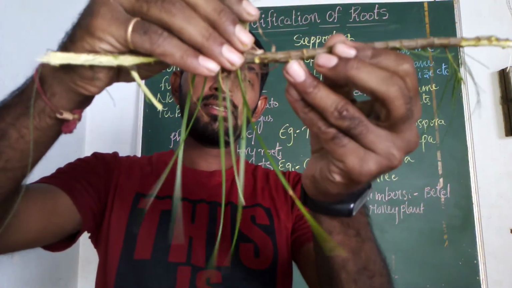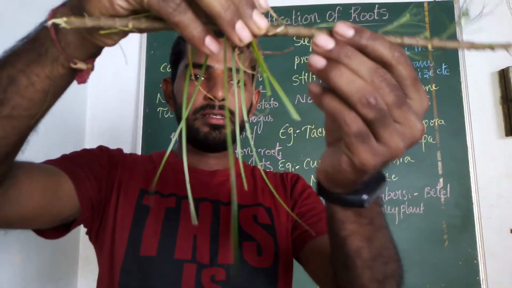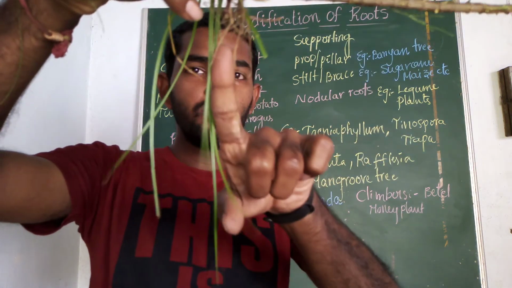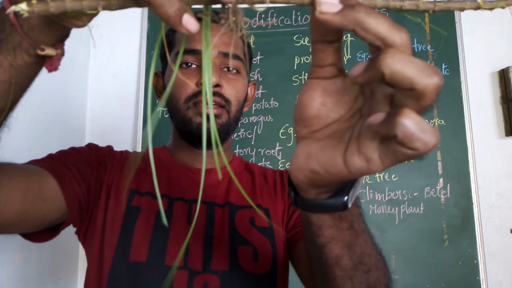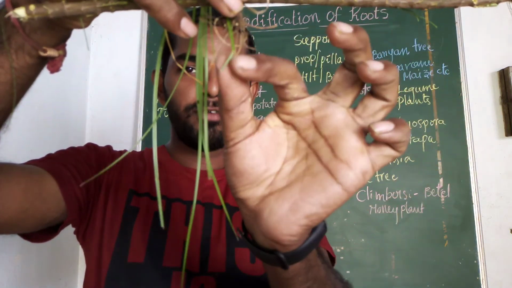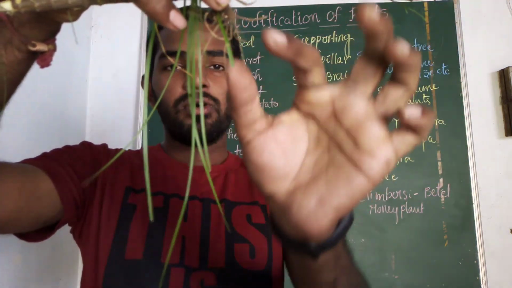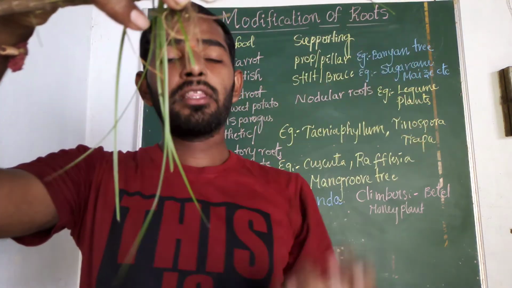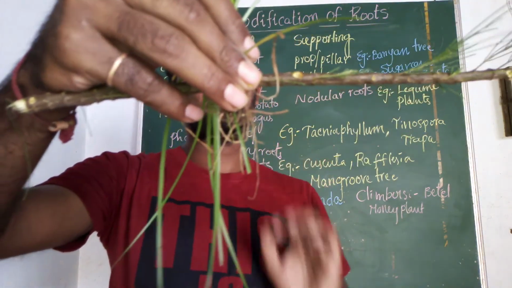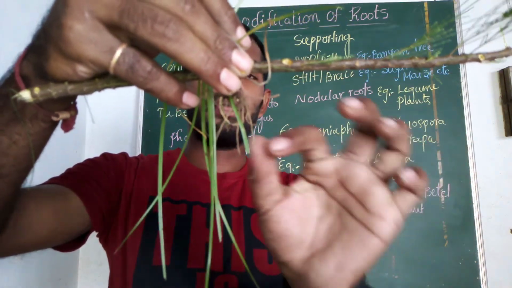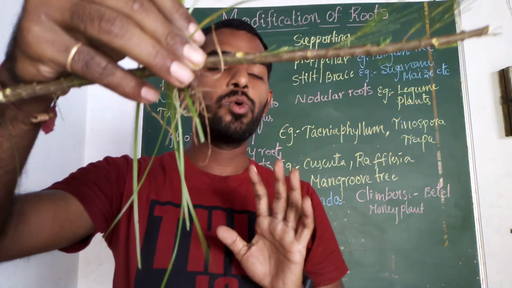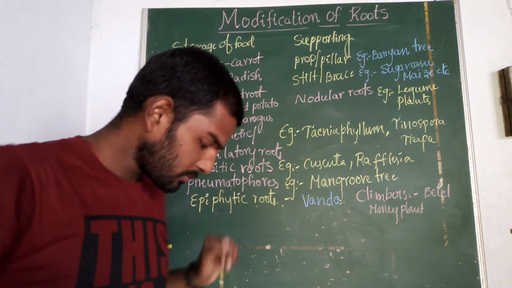You can see the roots are hanging down from the branches. These roots absorb the moisture present in the air for their survival. Example, Vanda having velamen roots. These epiphytic plants you will see only in the evergreen forest.